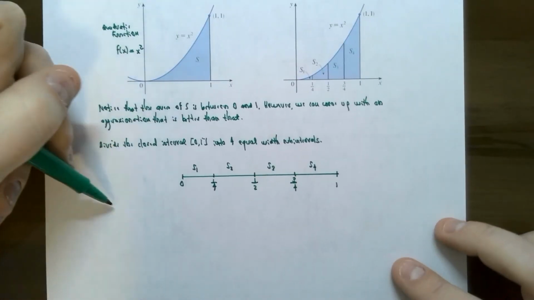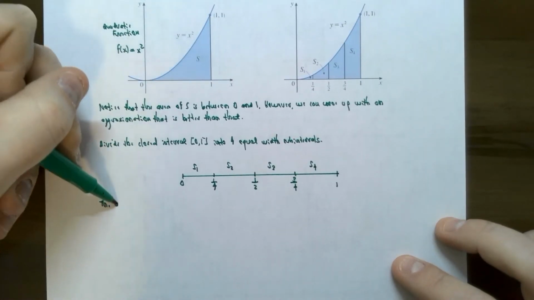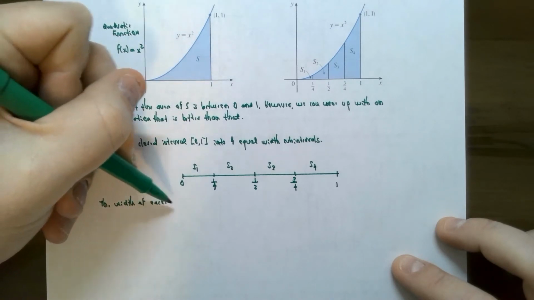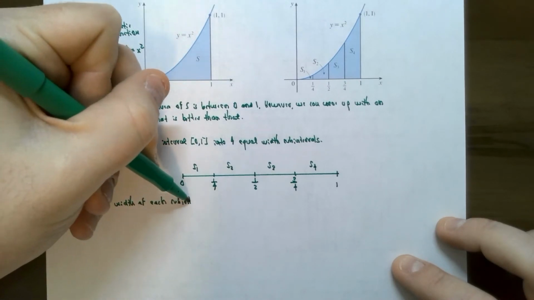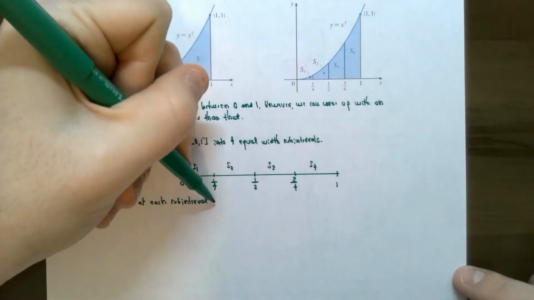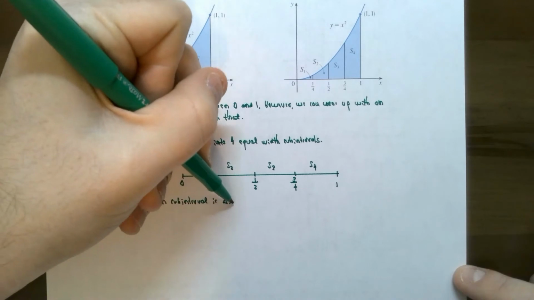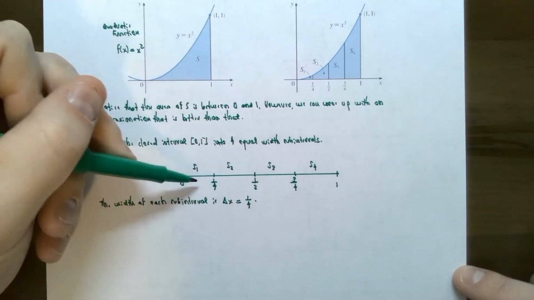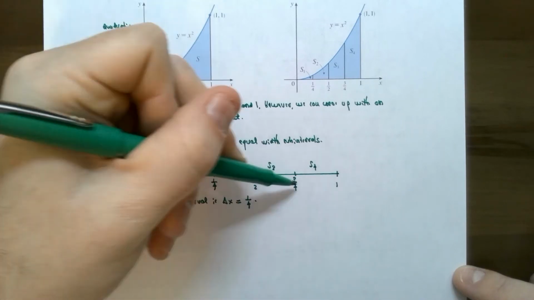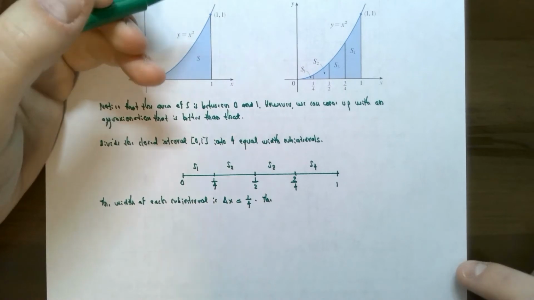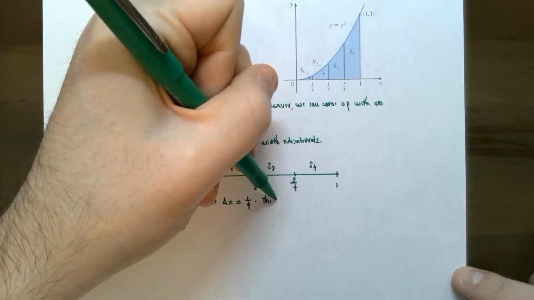So let's notice also that the width of each subinterval, or sometimes they might be called rectangles, because we will be using rectangles in this section. Delta x represents the change in the x values, and each width is 1/4. Now, to figure out the area of a rectangle, we also need to know its length, or its height.